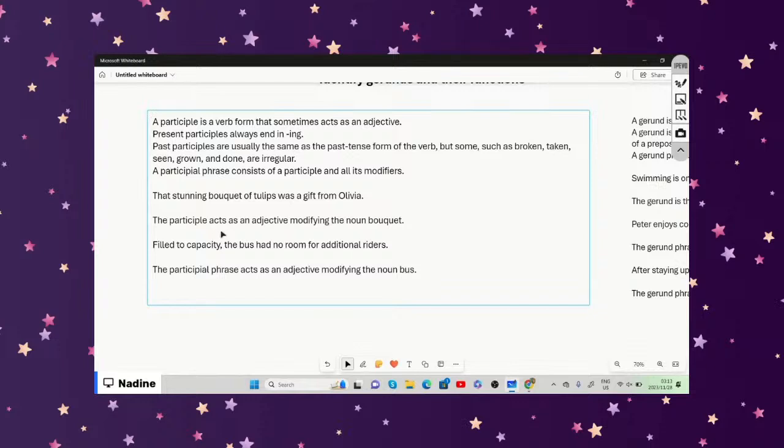And that is what is modifying the noun, the bus.